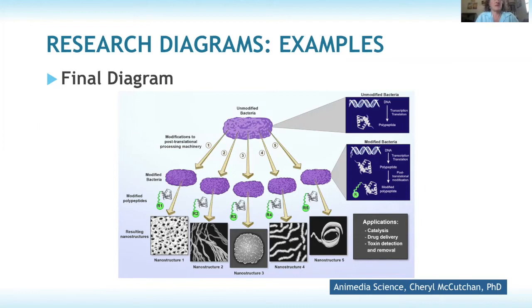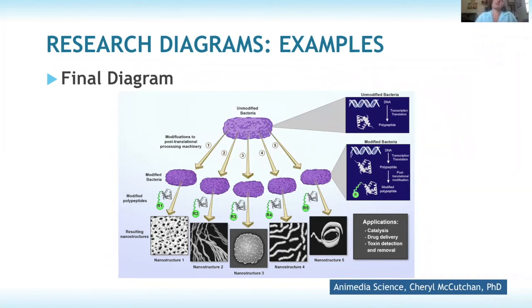So you can see in this diagram, I've chosen a specific color palette. I've chosen this purple and golden scheme, and then that zingy bright green, because I really want the audience to see these are the modifications on the polypeptides.